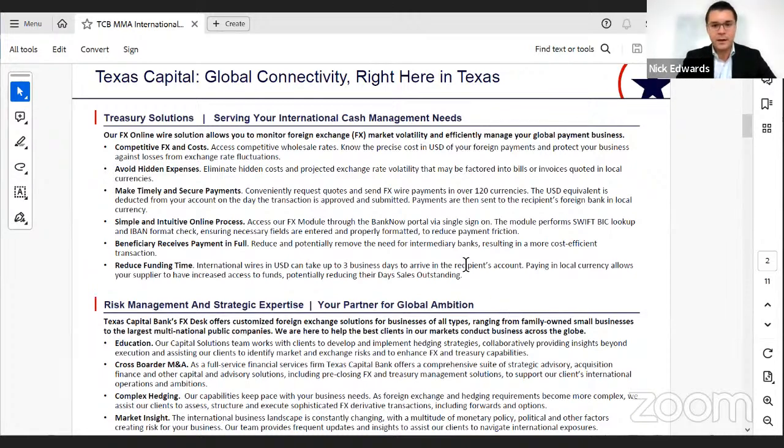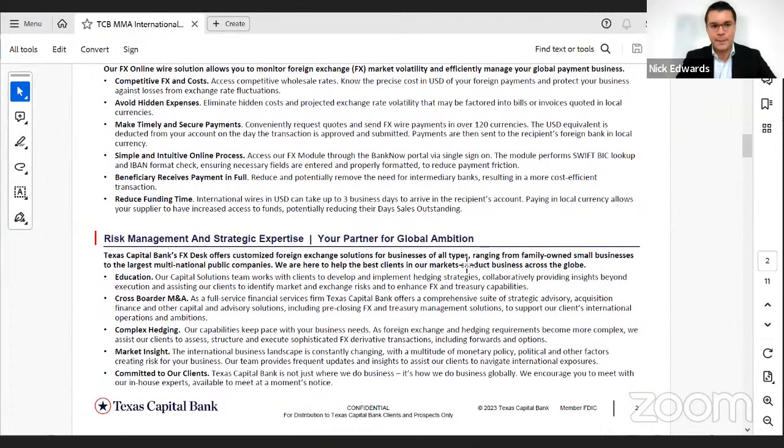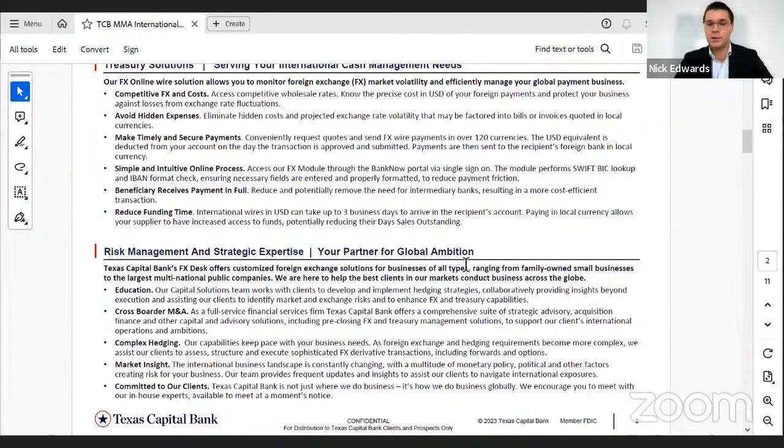On the other hand, we also at Texas Capital Bank have the ability to help with risk management. This can be anything from education, so what we're doing here today, to cross-border M&A. With the strength of the dollar the last couple of years, we have seen a lot of clients look to put their capital to work overseas, maybe expand their operations, maybe look at vertically integrating their business.